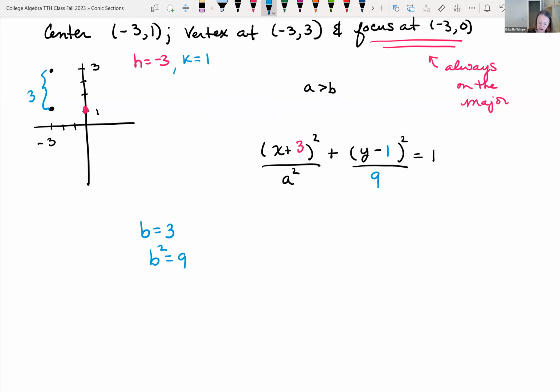The other information that we were given was about the focus. The focus is the value of c from that center. And so from -3 to 0, I get that c is equal to 3.